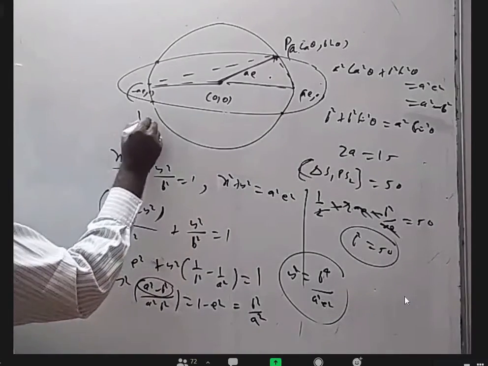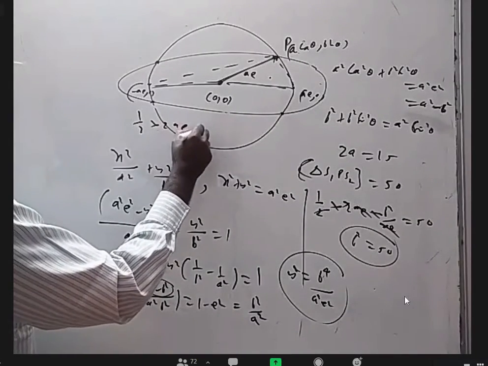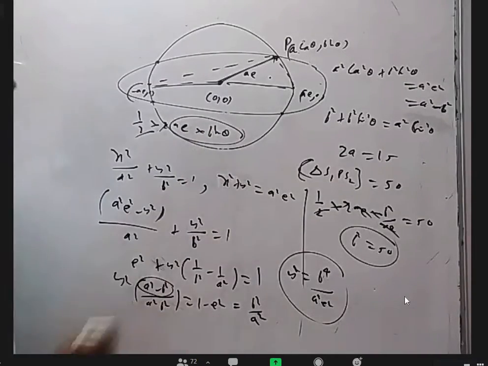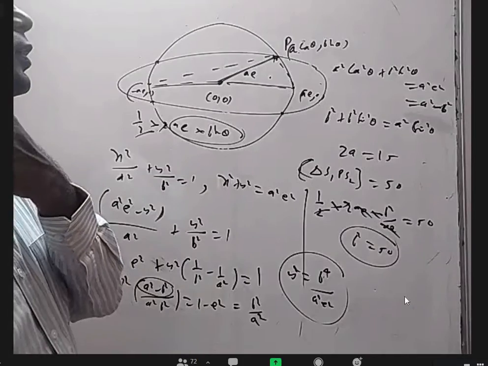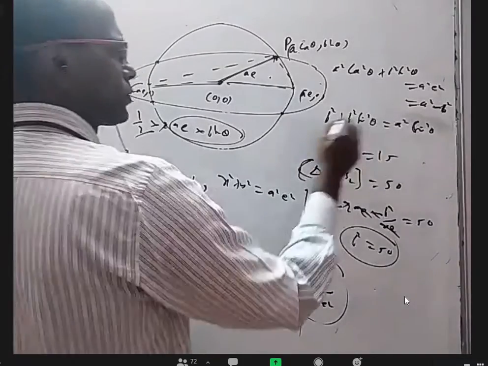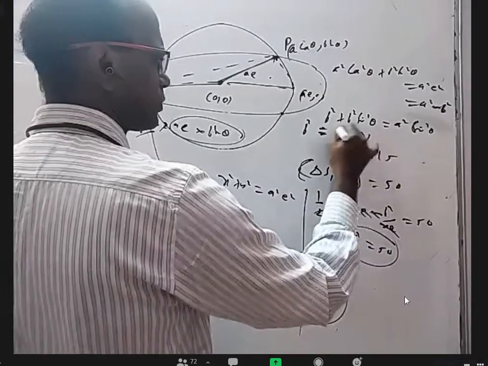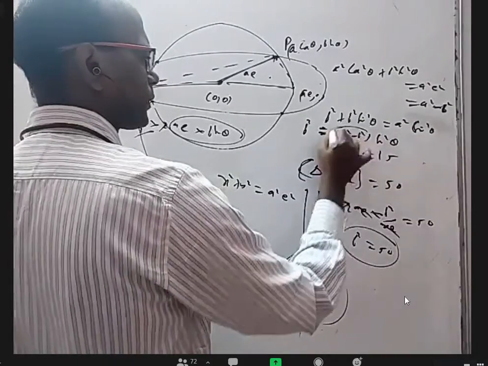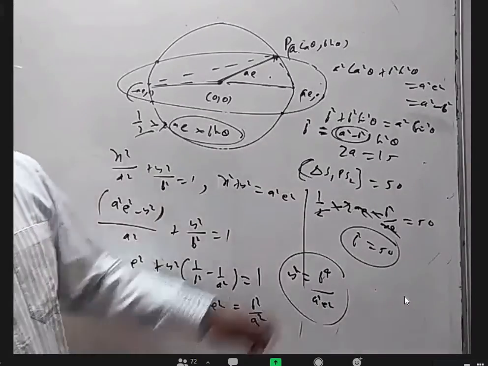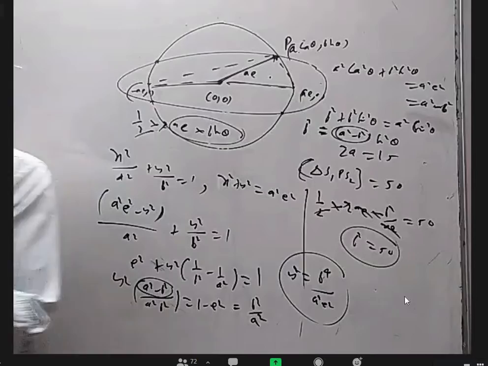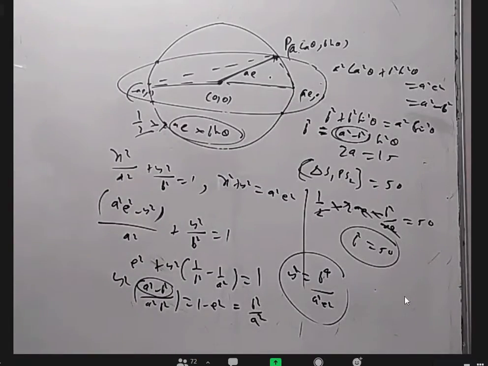The area of this is half into 2ae into b sin theta. Half will cancel: ae into b sin theta. Will I get that anywhere? If I send this on that side, b square equal to a square minus b square into sin square theta. So I'll get b sin theta from here. Put it in, it is also the same. So you can use the parametric form or not. Either way is okay.